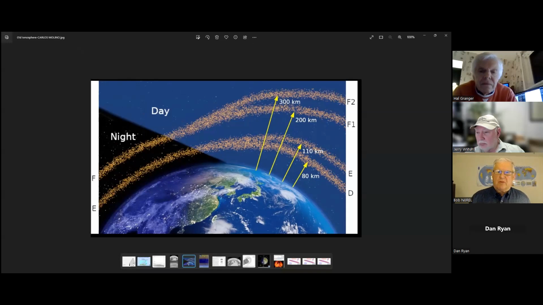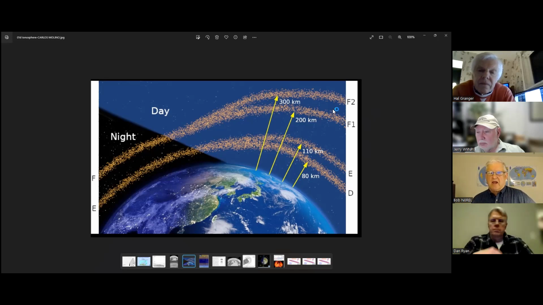This is a graphic from a guy named Carlos Molina. I just thought it was such a cool graphic because it shows you where the different bands are. During the day, you see we've got a D layer, an E layer, and then an F1 and F2.